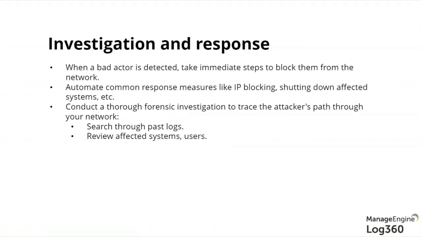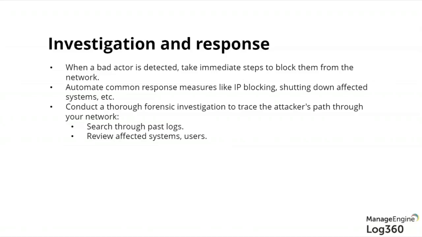I'll speak about investigation and response together. Obviously, full blown response measures can only be started once you finish an investigation and confirm that an attack is in progress. However, there are always safety measures that you can take to ensure that your network stays protected even during an investigation.